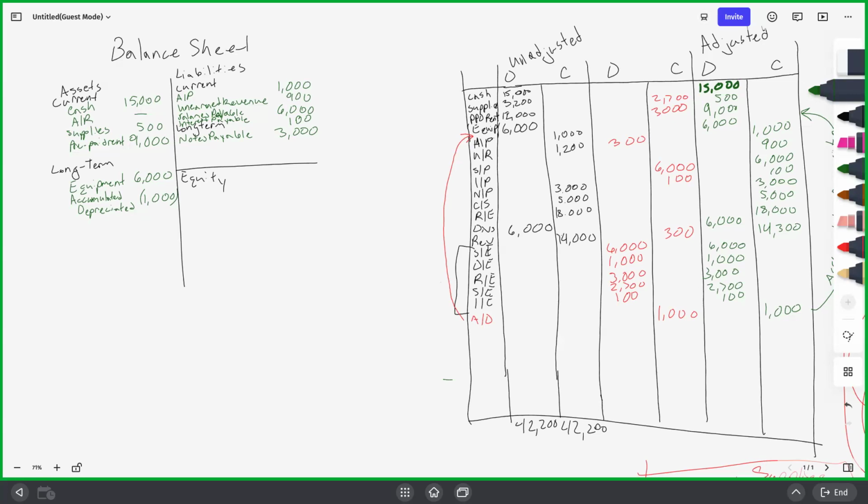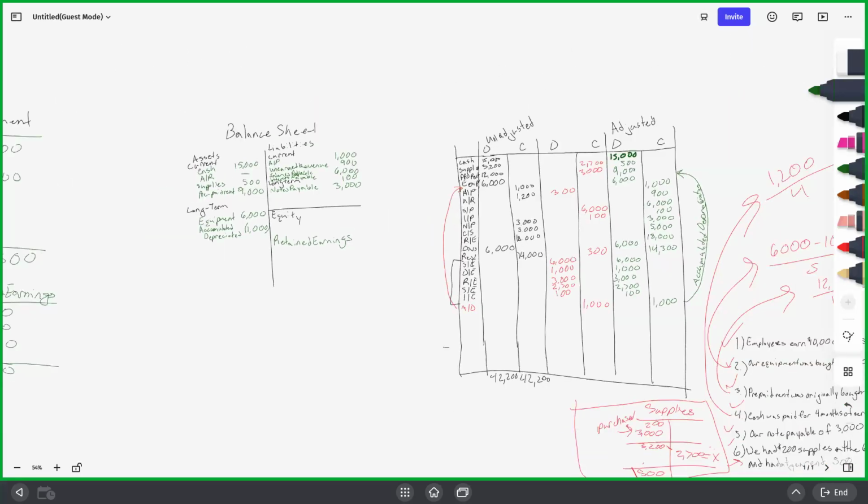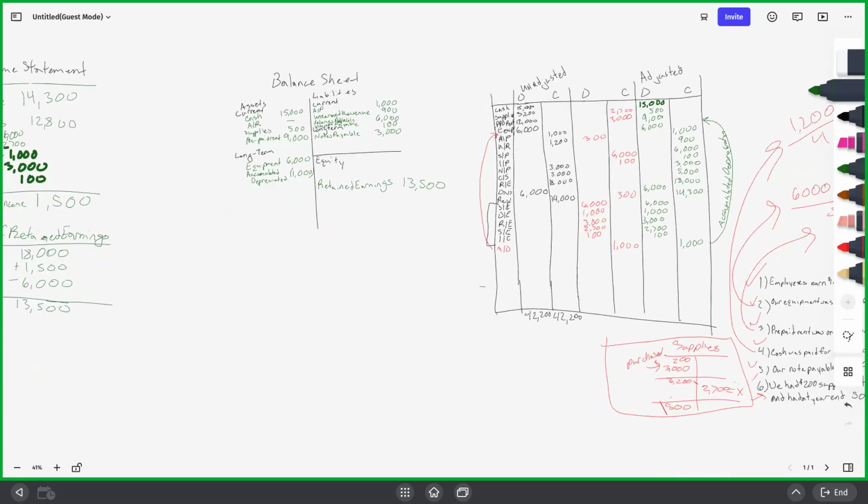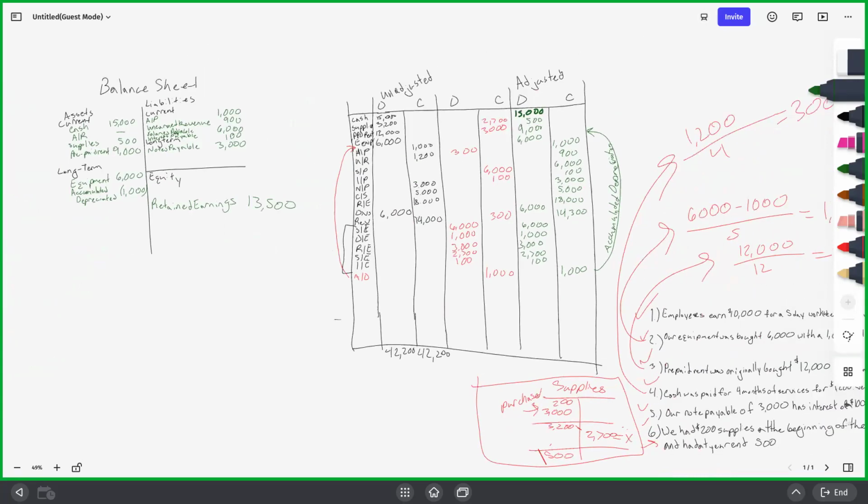Retained earnings is on the balance sheet. Is retained earnings going to have the value that was there, or a new value? New value, 13,500. All right, what else is in our equity? Common stock.